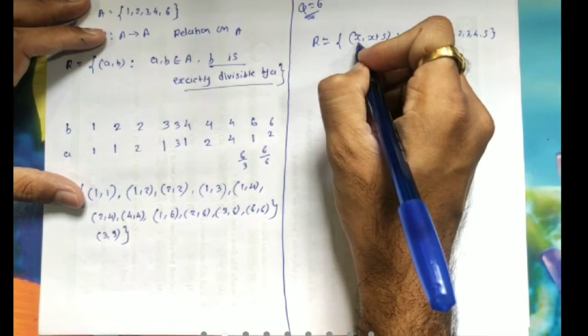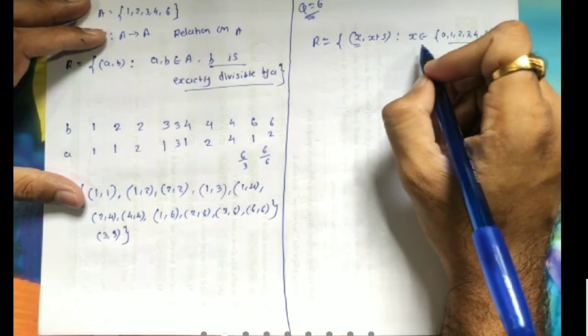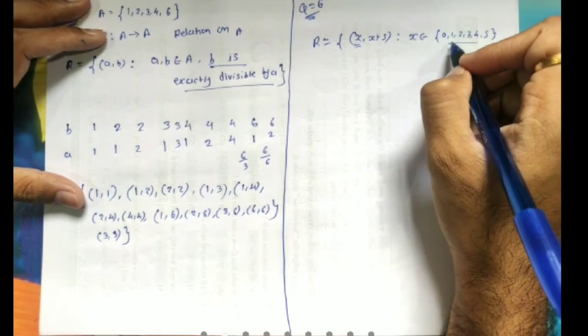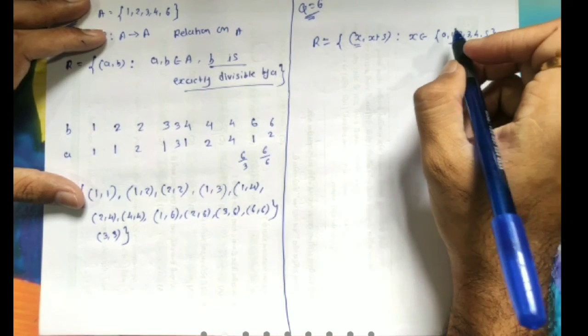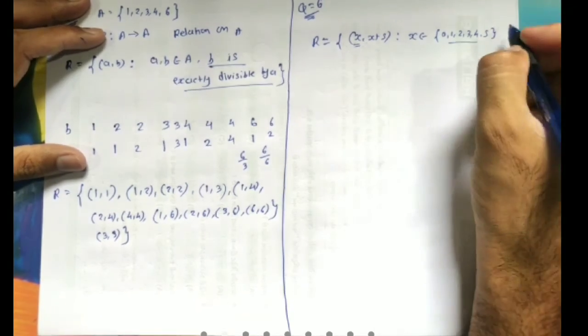You have to take the first element of the ordered pair from this given set, and the second element will be x plus 5. So these are the ordered pairs of this relation.